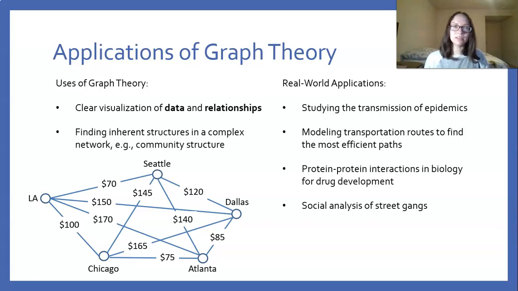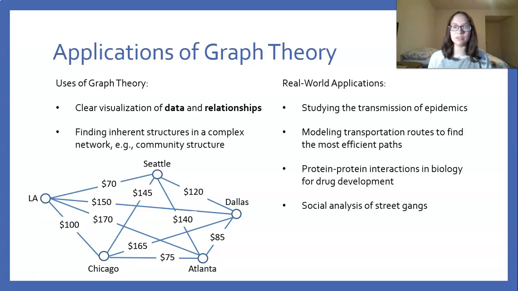You can model this as a graph to show the overall structure and maybe who is transmitting it more, if you've got a wide party where a lot of people will get infected. It's a clear visualization of that kind of transmission.